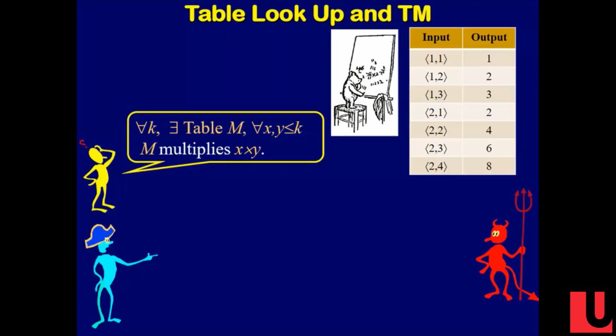The adversary has to come up with an input, x and y, and those x and y need to be limited by k. And then I win if my table M can multiply the adversary's x and y together. That's the game. Everybody understand the game?